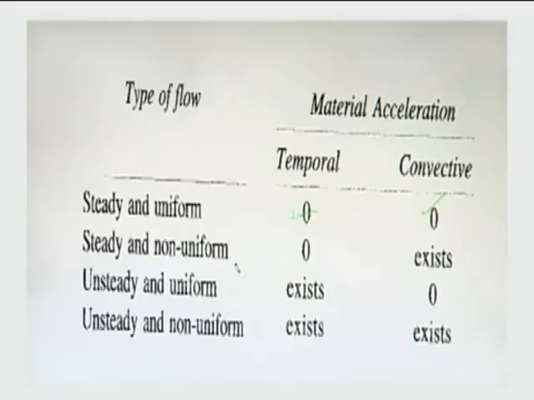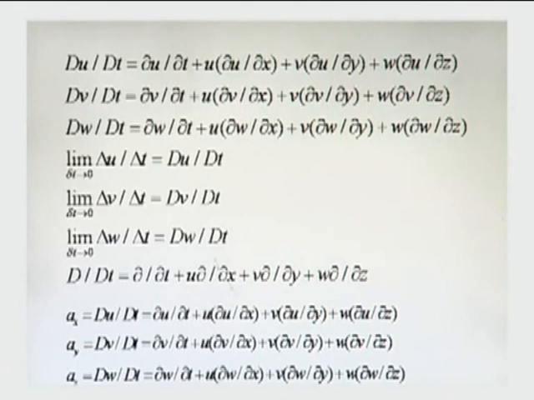If the flow is steady and non-uniform, then the first term del u over del t will be 0. But if it is a non-uniform flow, it means that velocity varies in x, y, z direction, so del u over del x, del u over del y, del u over del z may exist. Because of this component, which is called convective acceleration, this component may exist.